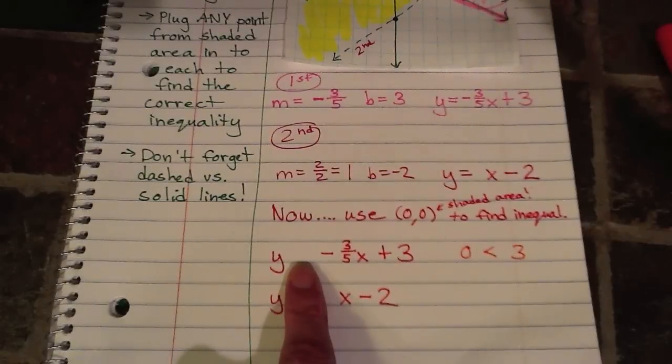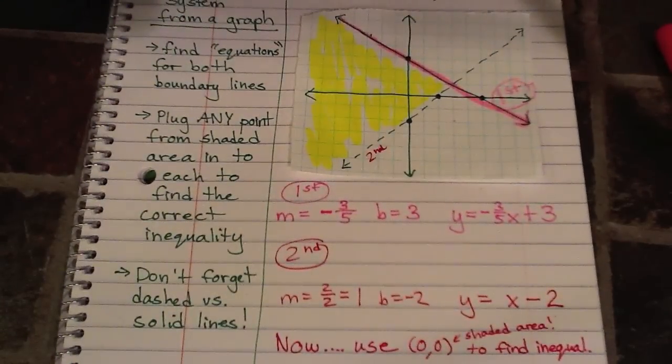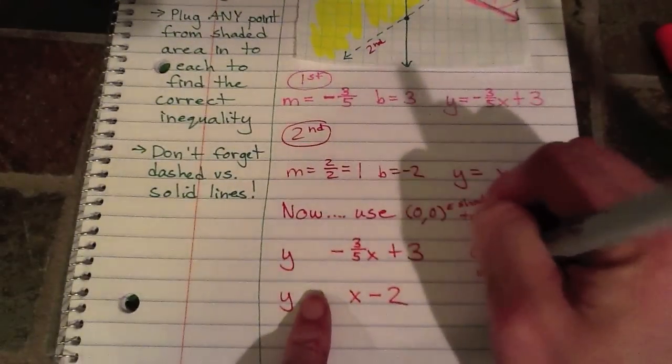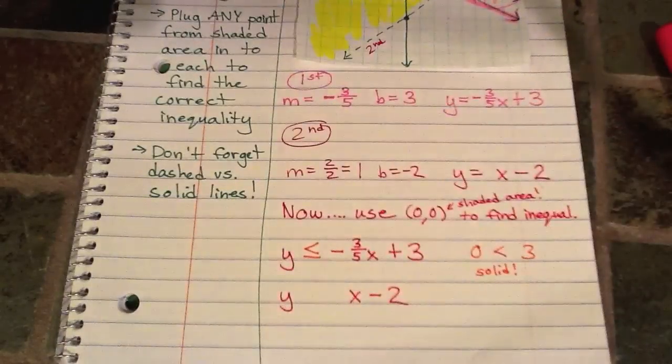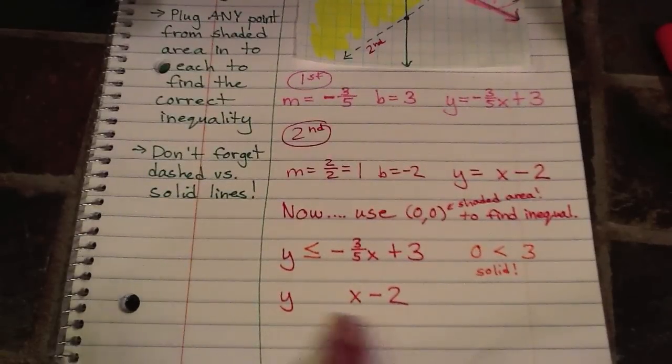Now you need to look, is it an "or equal to" or not? The first equation was a solid line. Because it's solid, it would be less than or equal to. And that's how you get that. Hit rewind and watch that again if you're confused about it. Now we're going to go to the next one.